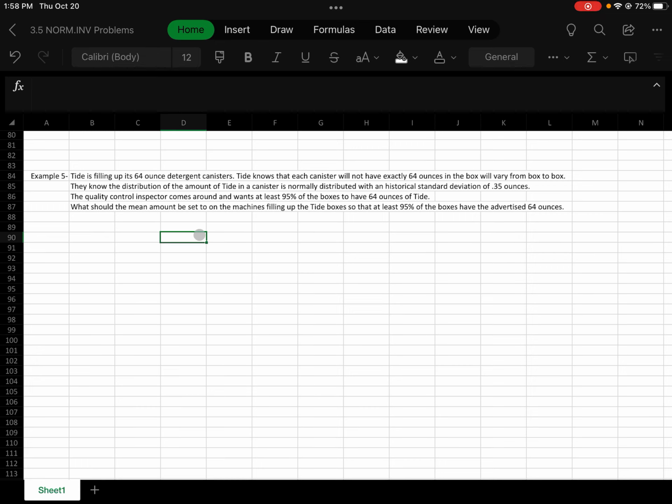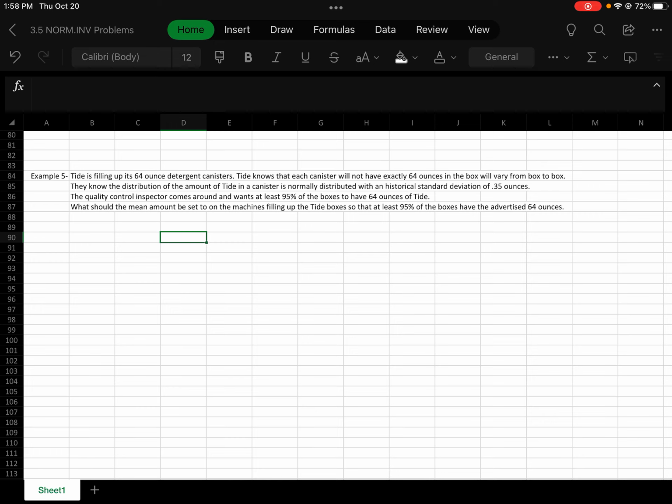All right. So here's the deal on this problem. This is a problem where we need to use z-scores in order to be successful here.